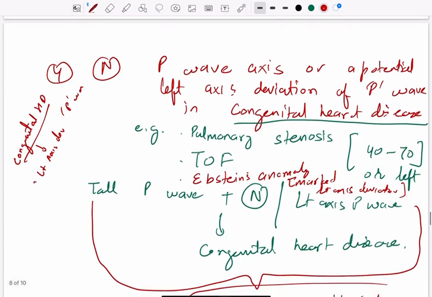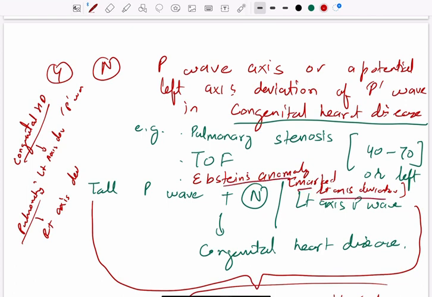Similarly, if it is pulmonary, which is called P pulmonale, it is going to have a right axis deviation. The causes of the congenital type are congenital heart disease, pulmonary stenosis, TOF, and in Ebstein anomaly you will get a marked left axis deviation.